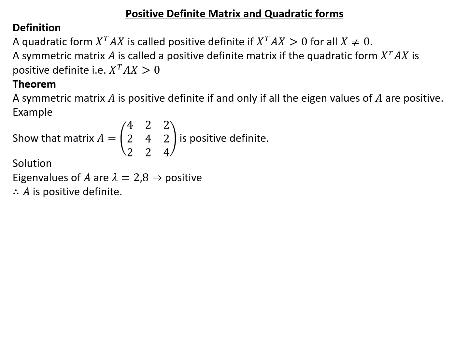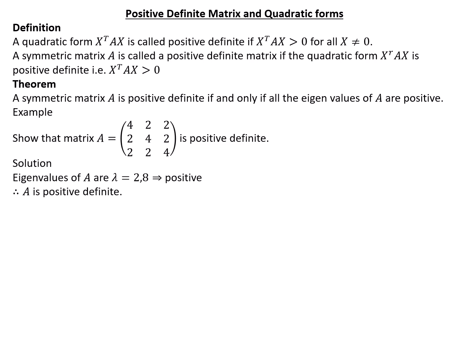A symmetric matrix A is called a positive definite matrix if the quadratic form, x transpose multiplied by Ax, is positive definite. That is, if that symmetric matrix is also a positive definite matrix, the product x transpose Ax is greater than 0.